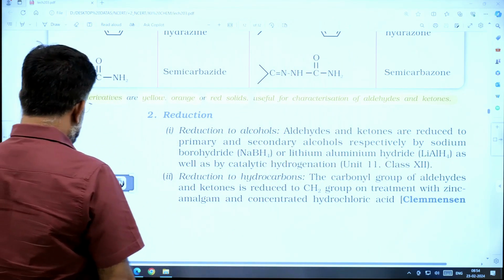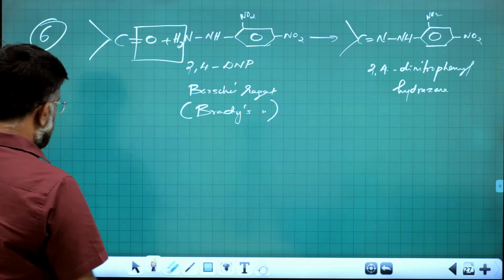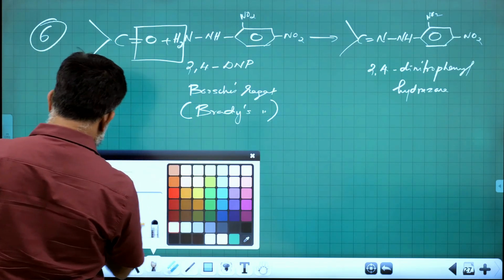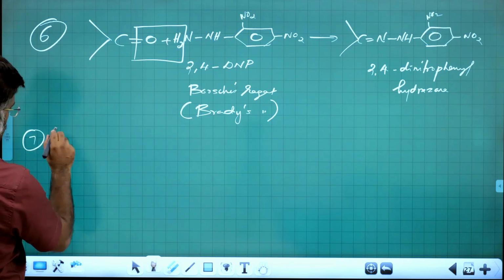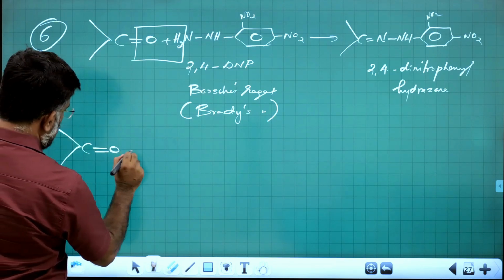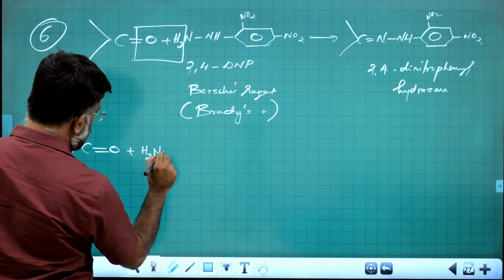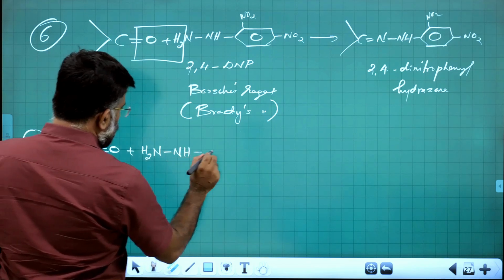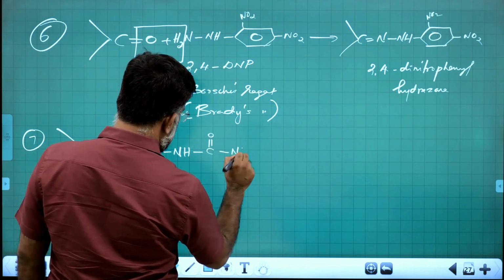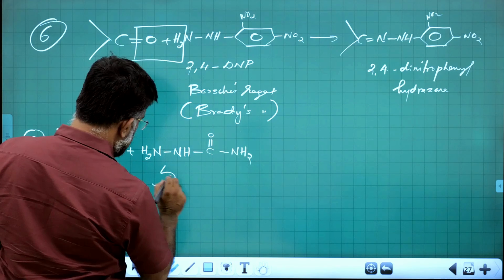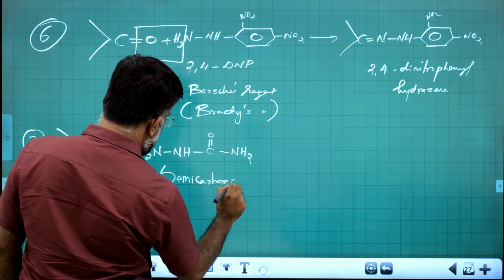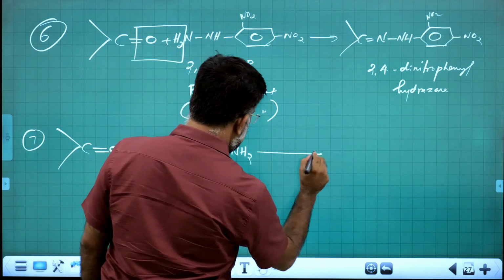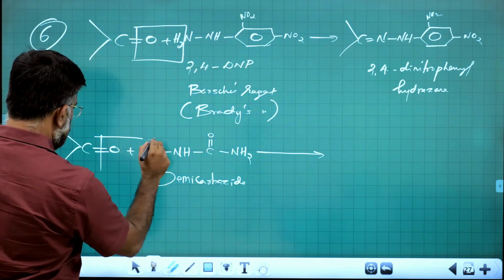Okay. And now the last one. There are 7 reactions. Now the last one, with semicarbazide. The seventh one, semicarbazide. Carbonyl compound interacting with semicarbazide. This is called a semicarbazide. And what is the product obtained?